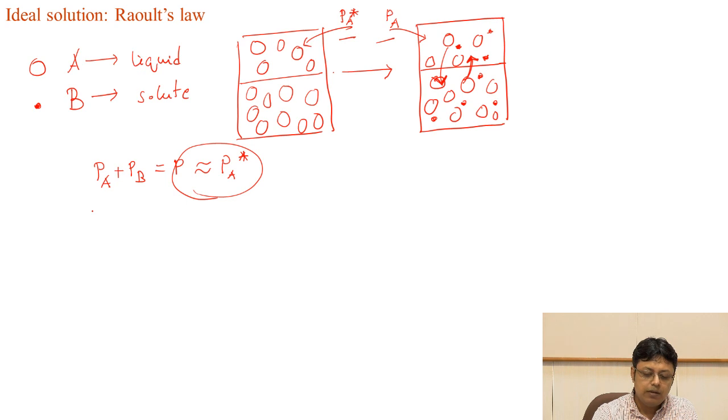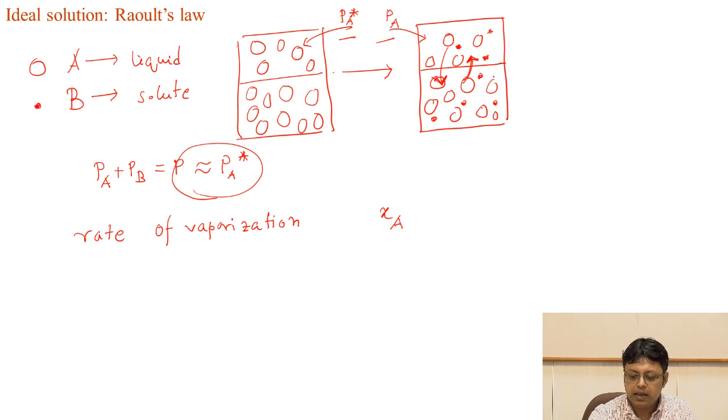So PA plus PB we are approximating to be PA star, and then we can think that at any particular temperature, the rate of vaporization will be proportional to the mole fraction of A, because it is proportional to the density of A in the mixture.